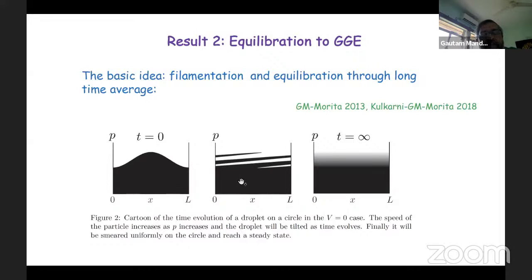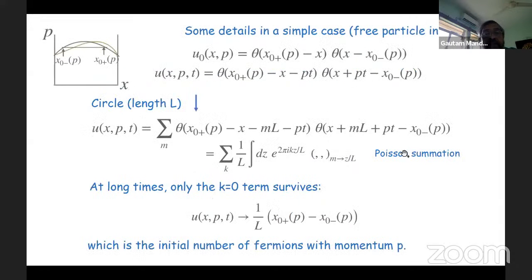So there's a filamentation that happens, and the long time average of that just becomes like this, where the solid black is U equal to 1, and the white region, of course, is U equal to 0. In the middle, the gray region interpolates between 1 and 0. And that is precisely what you get if you independently compute the expectation value of u(x,p,t) in the GGE.